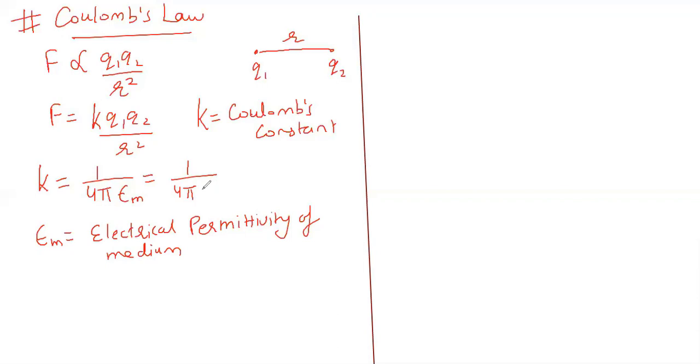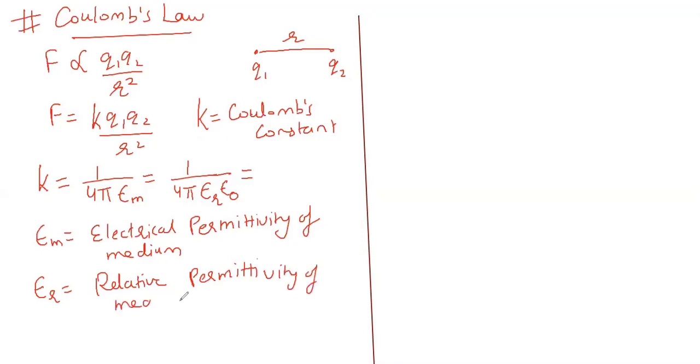Now this can be written in terms of the electrical permittivity of the vacuum and a constant epsilon r. So I can write epsilon m as epsilon naught into epsilon r, and this epsilon r is the relative permittivity of the medium.